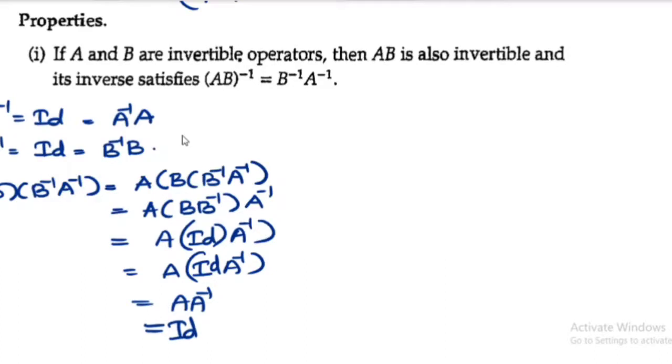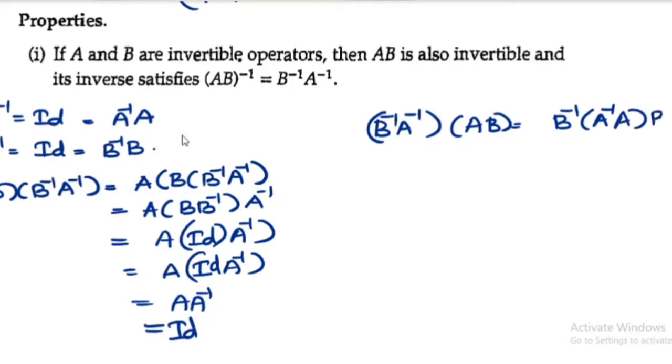Now if you move to another part, B inverse A inverse into AB, using the same associativity, as L(X) is a vector space, therefore associativity holds.